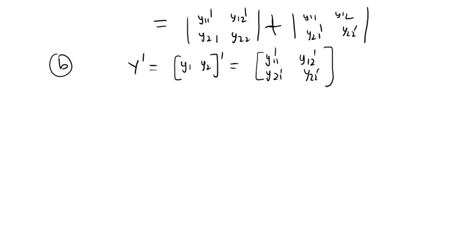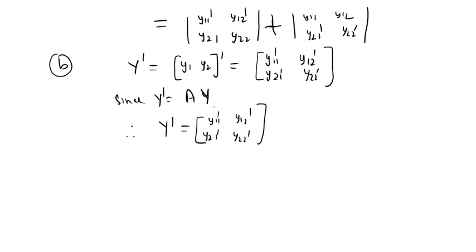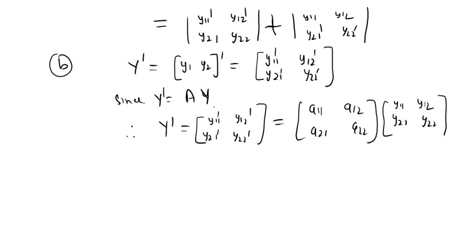That is Y'. Since Y' = AY, therefore the matrix y11', y12', y21', y22' equals A, the coefficient matrix A11, A12, A21, A22, multiplied by Y, the matrix y11, y12, y21, y22.